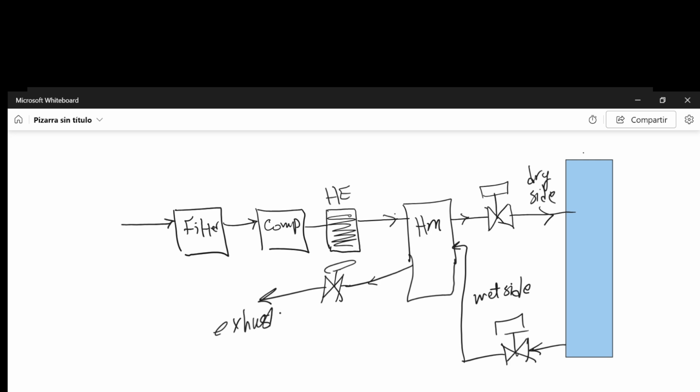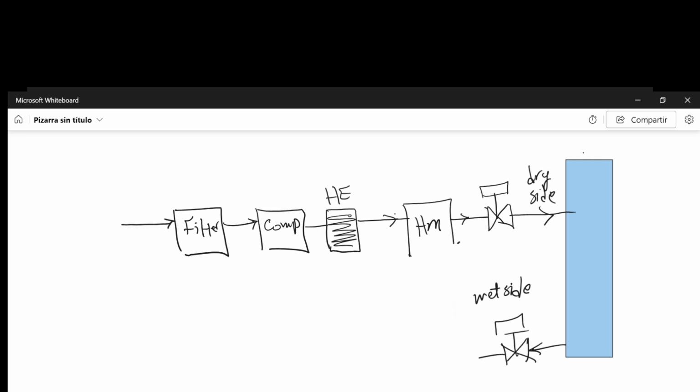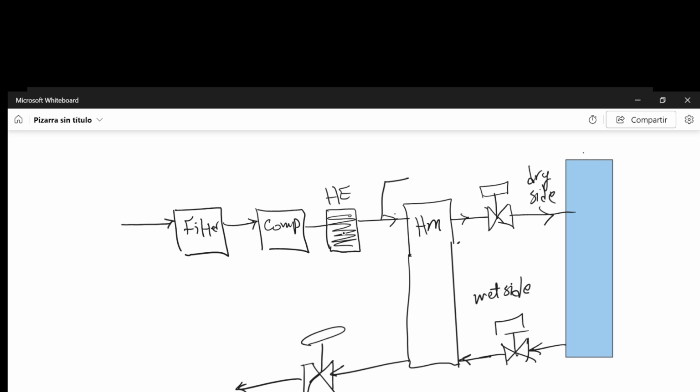Or we can do better here to have a better figure. Let's draw the humidifier here. The air enters, and exits. Here I have a control valve, and here I have another valve, which is normally a control valve, the humidifier bypass valve.